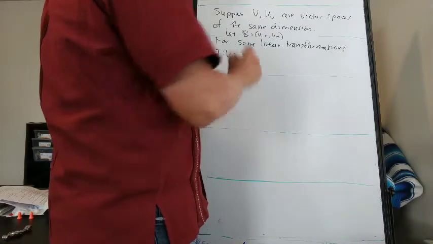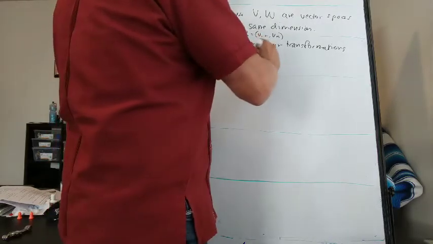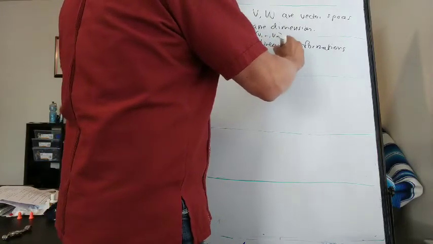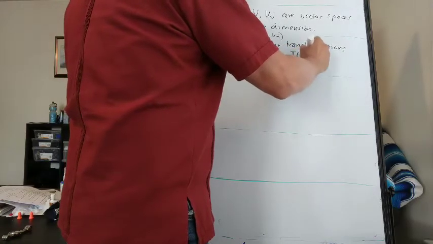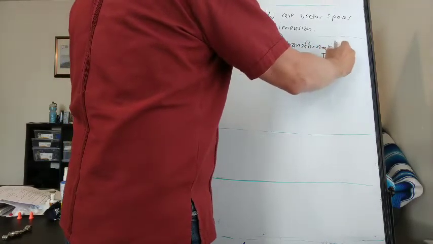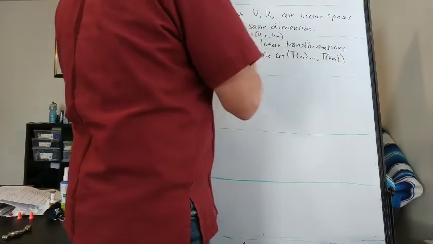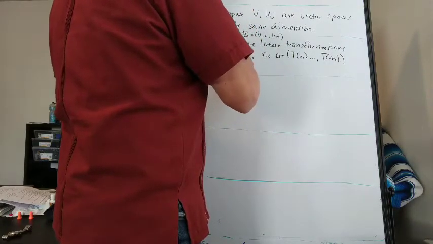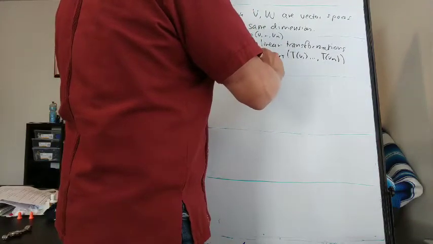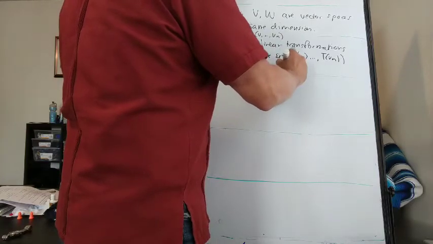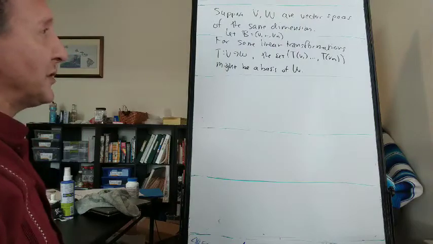For some linear transformations T from V to W, the set T of V1 through T of Vn might be a basis of W. For other linear transformations it might not be.